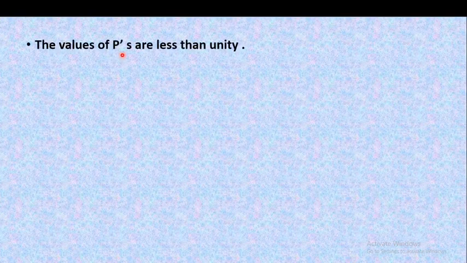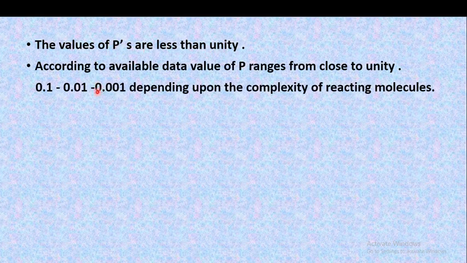The value of P is always less than unity. Means the value of the probability factor is always less than unity. According to the available data, the value of P ranges from close to unity down to 0.1, 0.01, 0.001, depending upon the complexity of the reacting molecules.